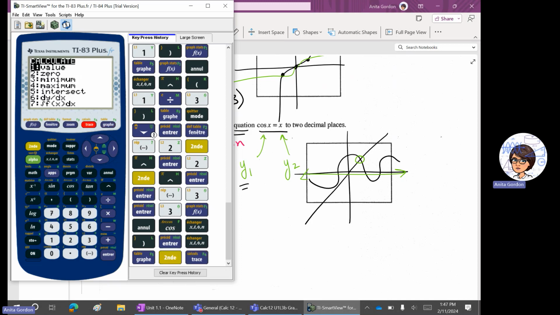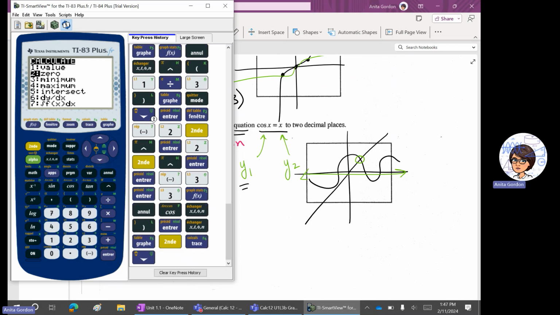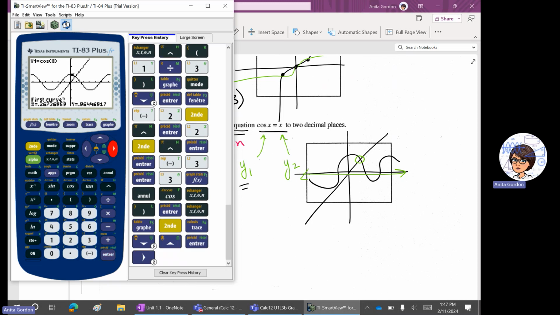And option 5 is the intersection. So we go to option 5, hit enter, and we're going to use our arrows to get as close to that spot as possible. Closer, closer, closer. All right, I think that is close enough.